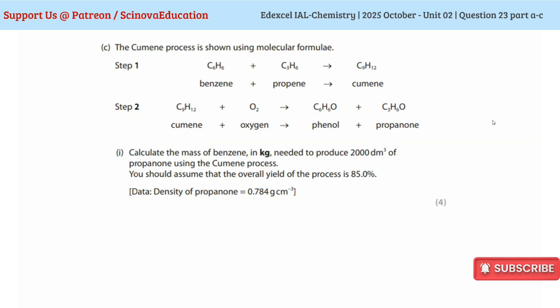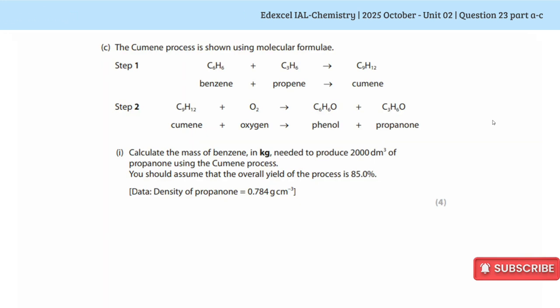Part C, the cumene process is shown using molecular formulae. Benzene plus propene becomes cumene, and cumene plus oxygen gives phenol and propanone. Calculate the mass of benzene in kilograms needed to produce 2000 cubic decimeters of propanone using the cumene process.